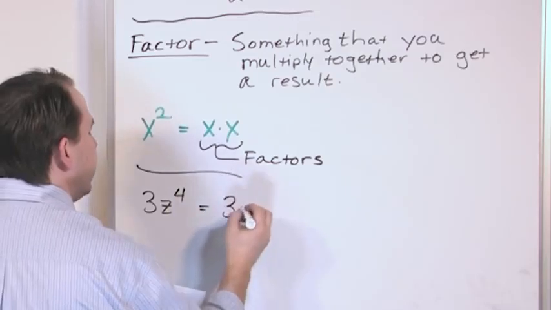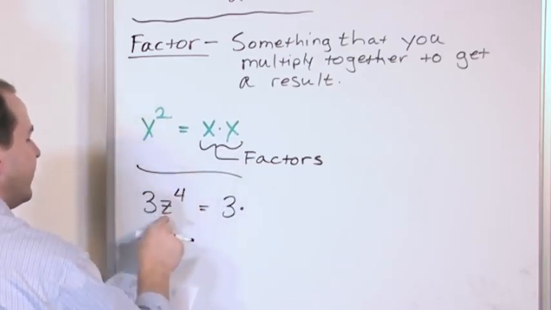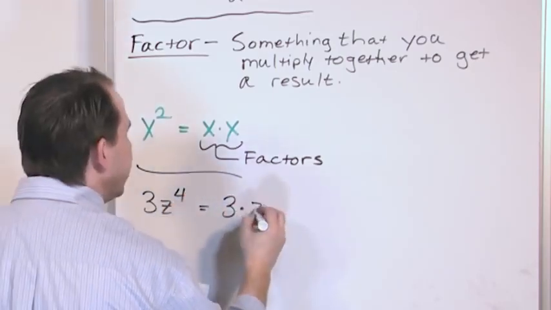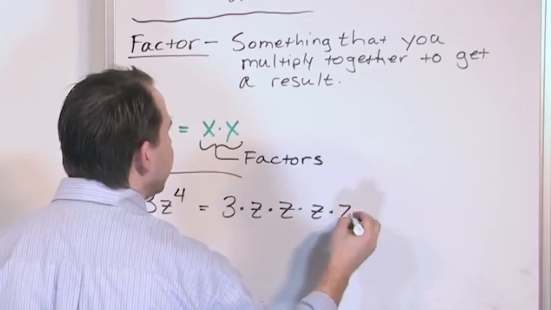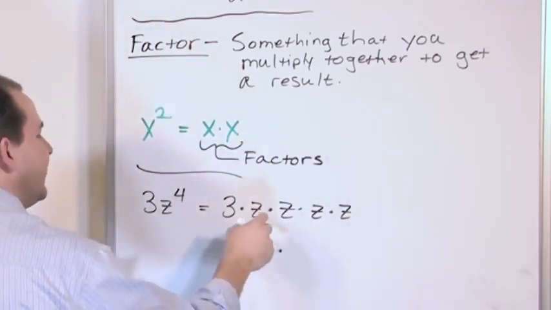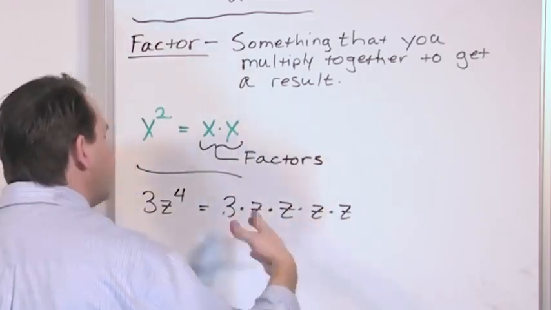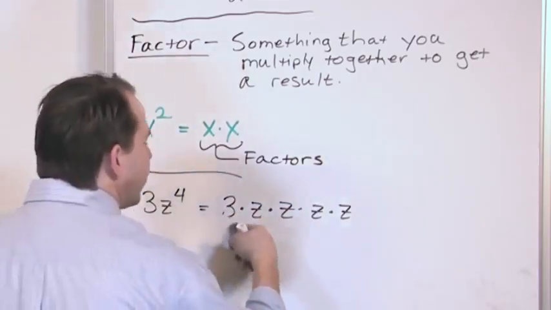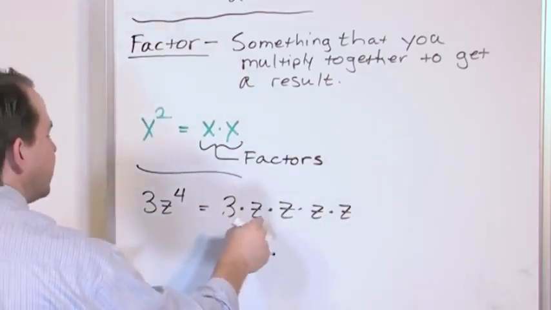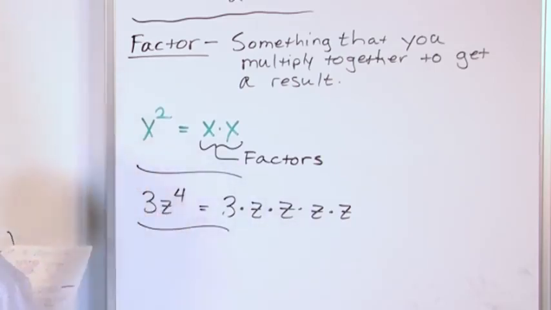Well, it's going to be 3 times z raised to the 4th. 3 has nothing to do with this exponent. Z is the thing that's raised to the 4th. So it's z times z times z times z. So the 3 is multiplied by z times z times z times z. All of these things that are multiplied together are just called factors. In fact, they're called the product of factors because product means multiplied. These are the factors multiplied together to give you what you started with.